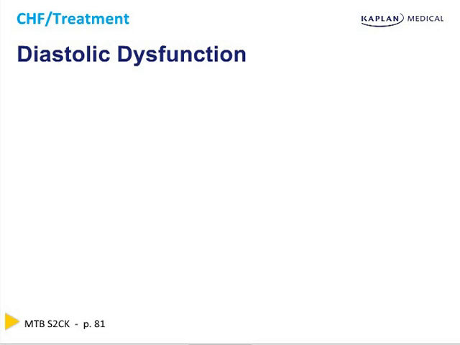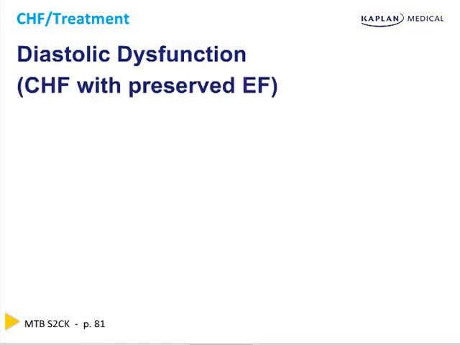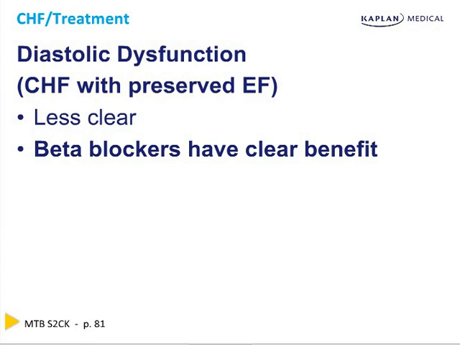Now, I wish there were as clear a set of drugs that lowered mortality in diastolic dysfunction. I do, but there just aren't. When that ejection fraction is preserved, when it's diastolic dysfunction, sometimes hypertrophic cardiomyopathy, although we may use beta blockers, it's just less clear what lowers mortality. Beta blockers have benefit.